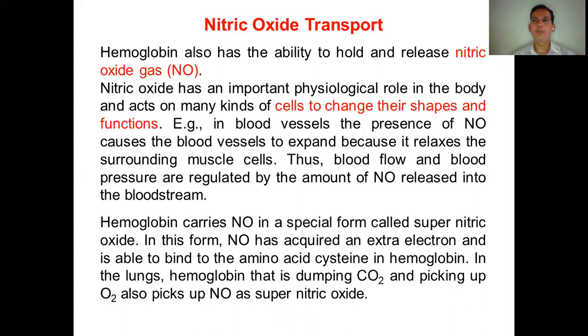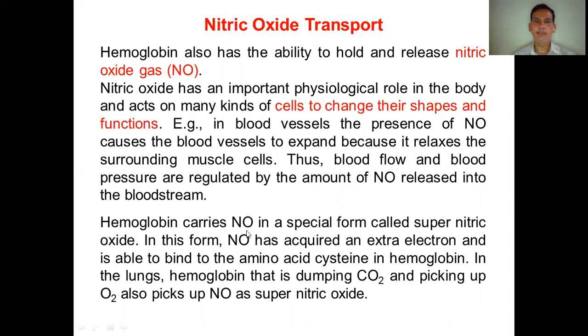So, for example, when there is increased demand for blood at the stomach area while the digestive process is taking place, the blood supply to the vessels surrounding the small intestine increases due to relaxation of the blood vessels via nitric oxide. So more and more blood reaches there, and more nutrients can be absorbed.